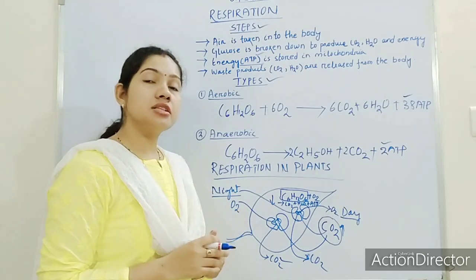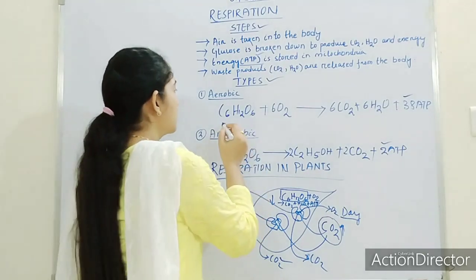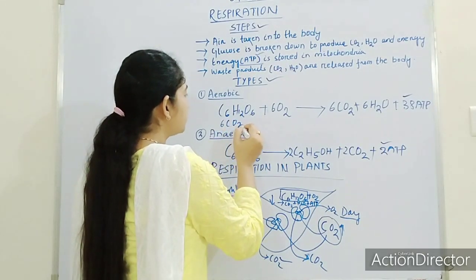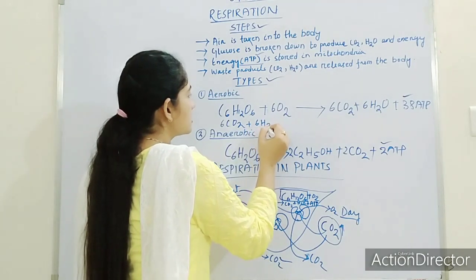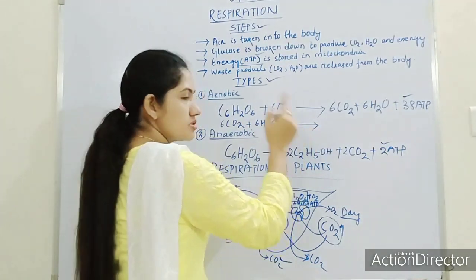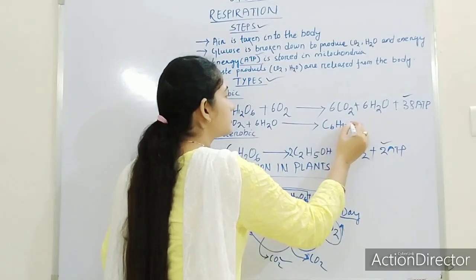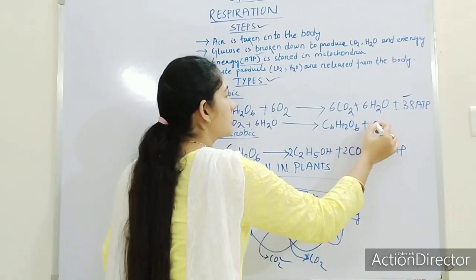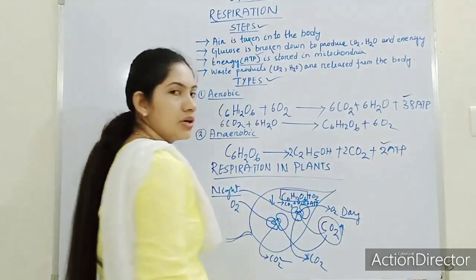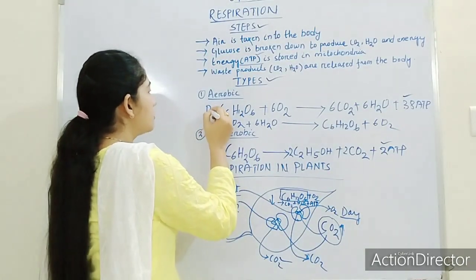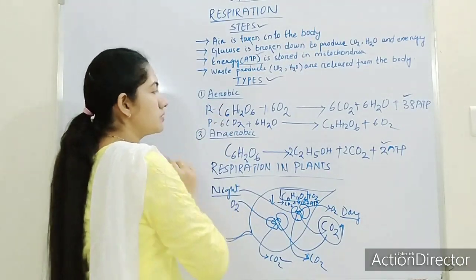If I write the equation for photosynthesis, it is just the reverse of this, in presence of light and chlorophyll, which I am not writing. So this is the equation for respiration, this is the equation for photosynthesis.